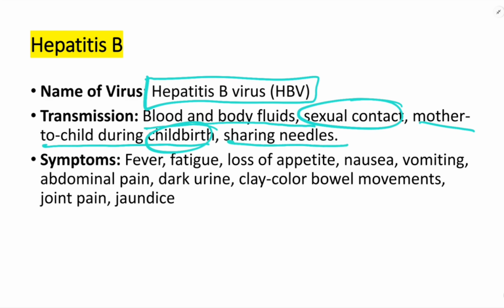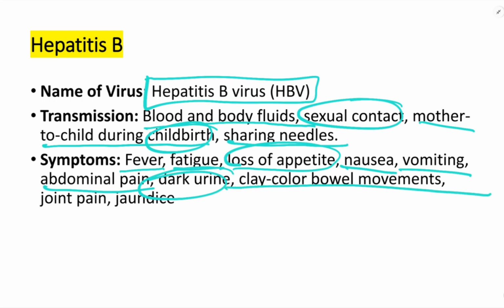The symptoms are fever, fatigue, loss of appetite, nausea, vomiting, abdominal pain, dark urine, clay-colored bowel movements, joint pain, and jaundice. See, we cannot completely cure hepatitis B once it has affected someone, but we can prevent further infections.